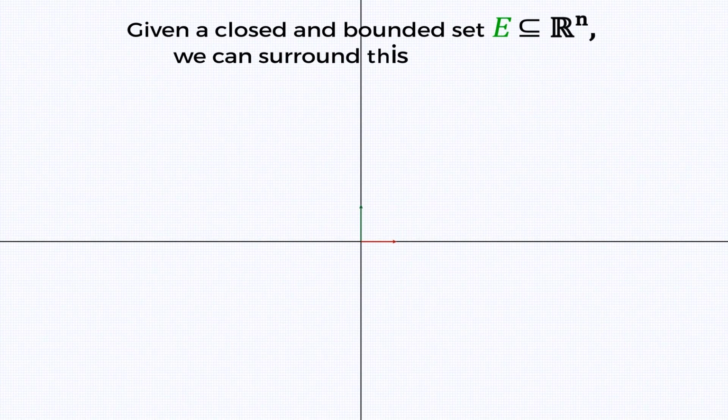Given a closed and bounded set E contained in Rn, we can surround this set by a box.